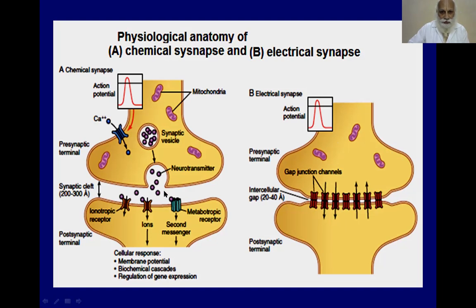There is no such intermediary like the neurotransmitter. And this neurotransmitter mechanism also makes the transmission one way, presynaptic to postsynaptic. But here in the electrical synapse, it could be both ways.